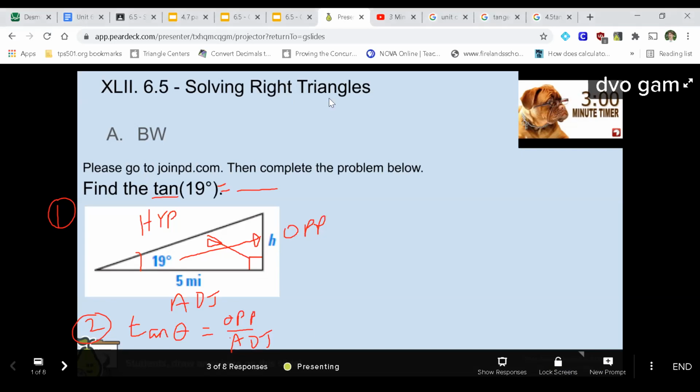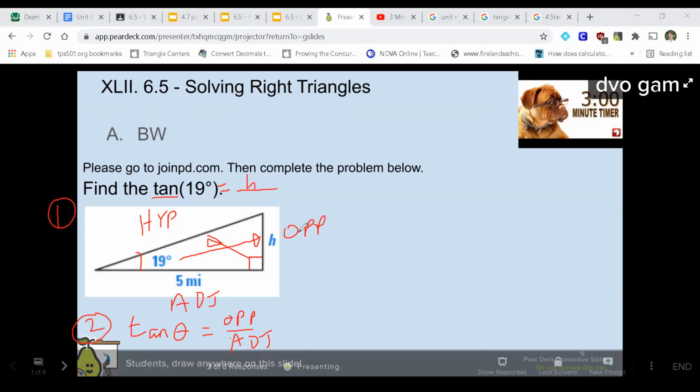So if we plug in our values, the opposite side is h, and the adjacent side is 5. So the tangent of 19 degrees is h over 5. All right, questions about that problem?